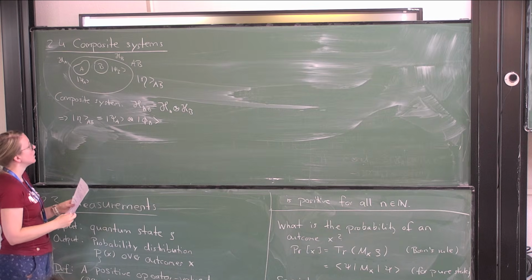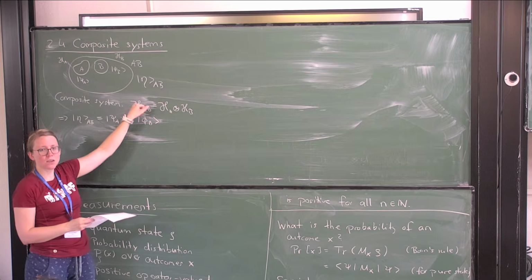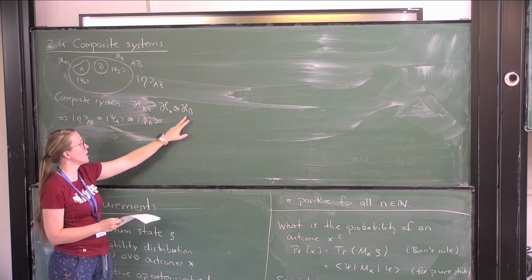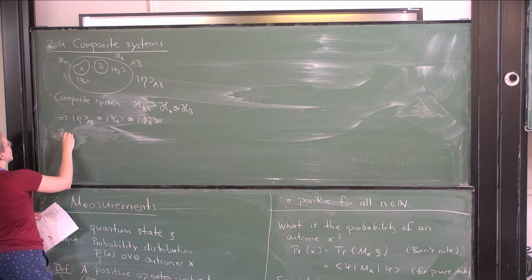And you can also simply get a basis of the joint Hilbert space by using the tensor product of the basis states of the individual ones. Basis.